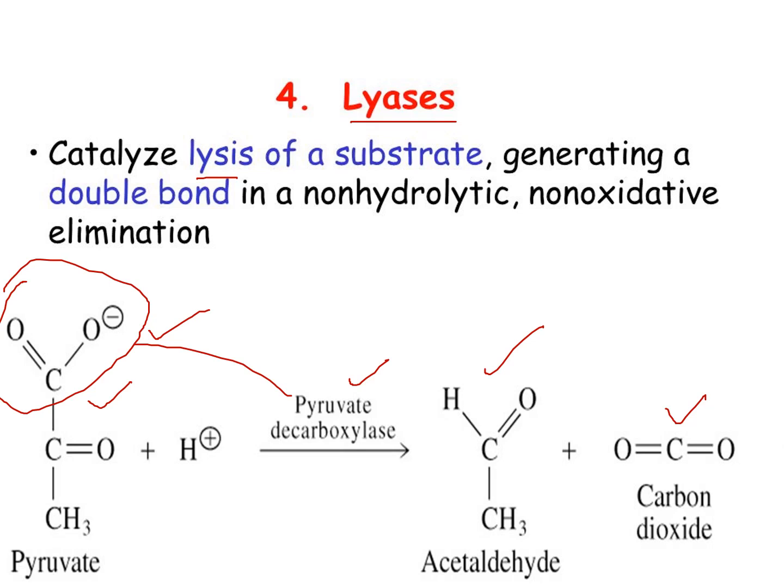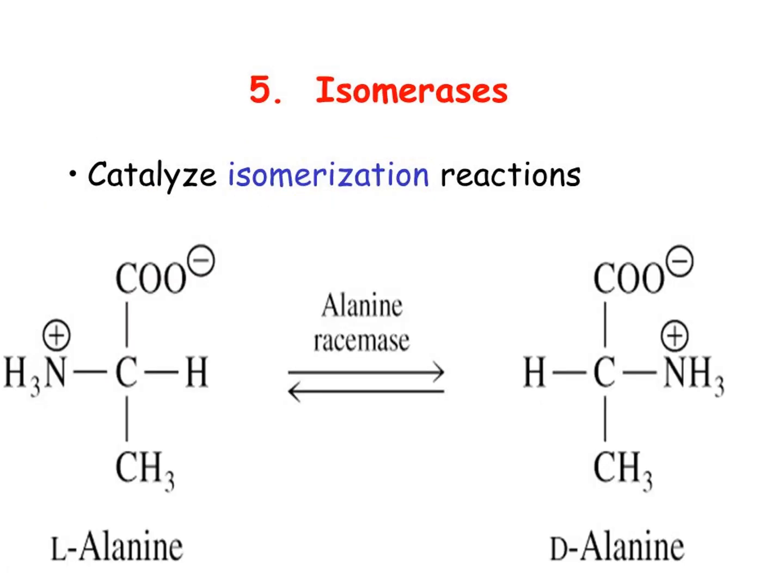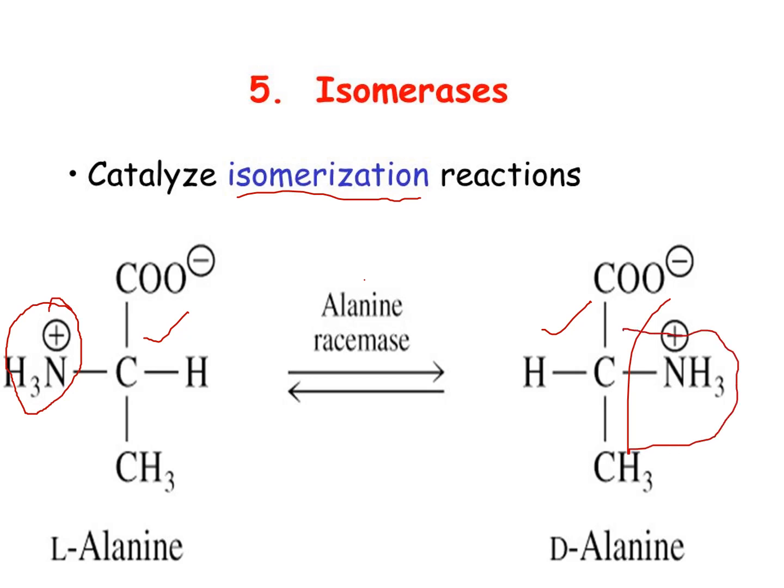And the next one is isomerases. Isomerases are the kind of enzymes which will catalyze the isomerization reactions. Here you can see L-alanine and D-alanine. We know that these two have the same molecular formula; the only difference is that in L-alanine the amino group is on the left side, and in D-alanine it is on the right side. I have already discussed these things in the regular classes, that L means levorotatory and D means dextrorotatory.